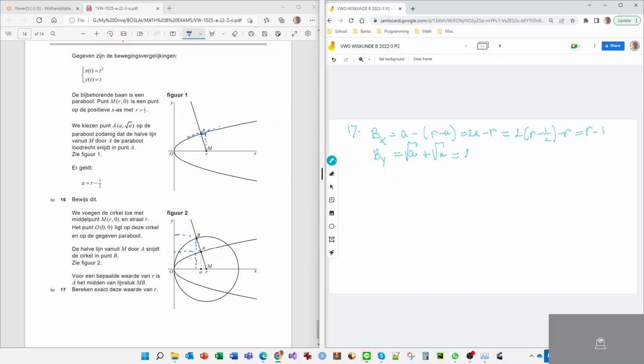So it's 2 times the square root of a, which is 2 times square root of r minus 1/2. Okay, good.